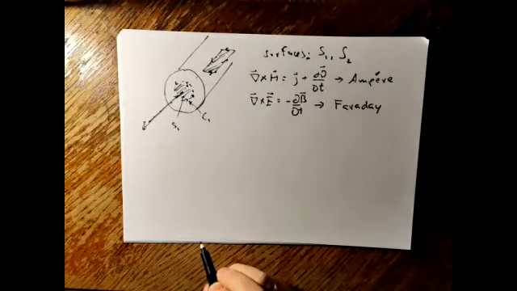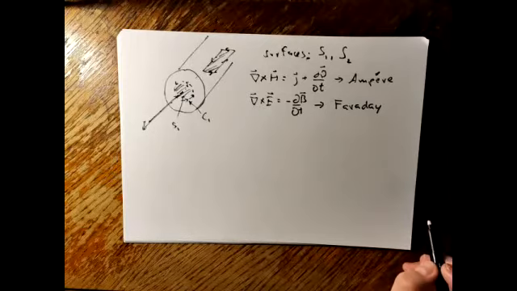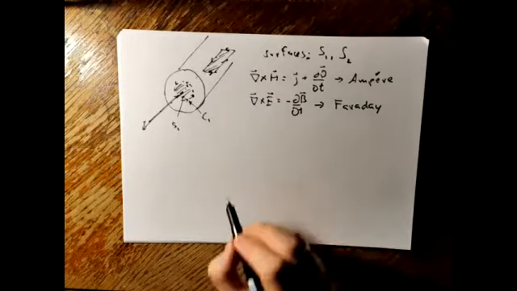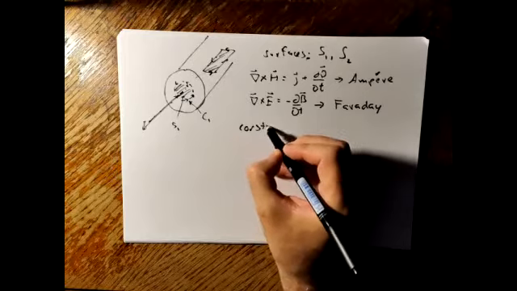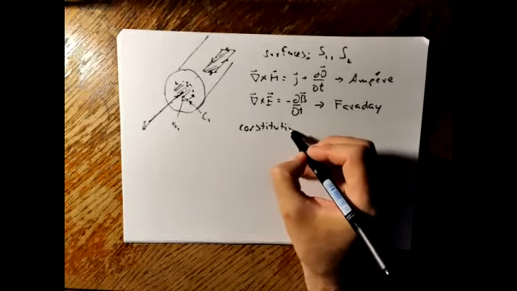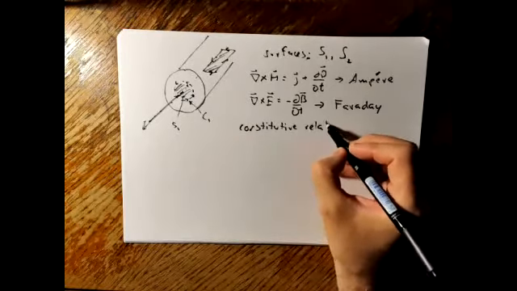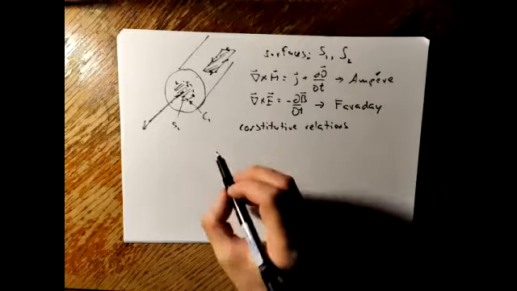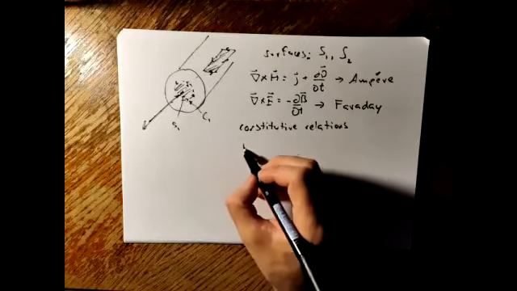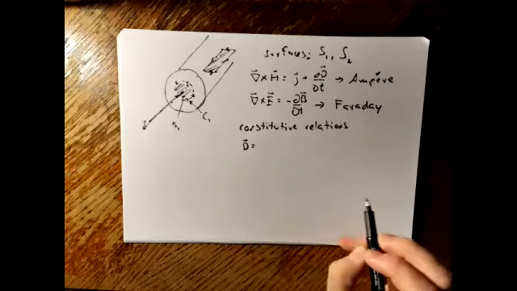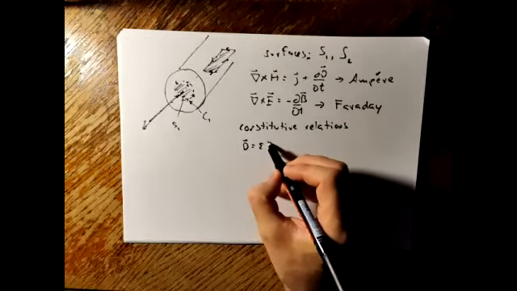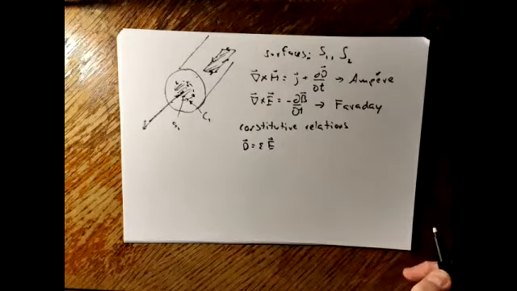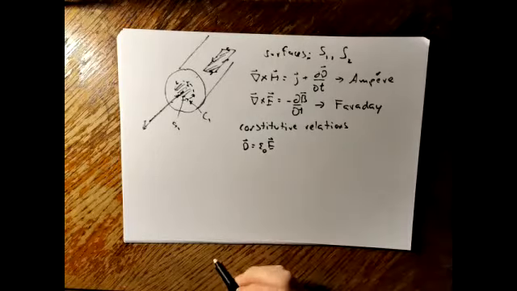These are the Maxwell equations that we will use, and then we need the so-called constitutive relations, which have to do with the nature of the material that we are using. The constitutive relations are that D is equal to epsilon times E, and since we are in a metal, this is just epsilon 0.